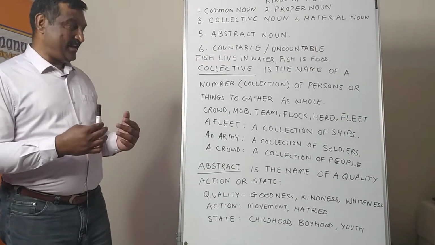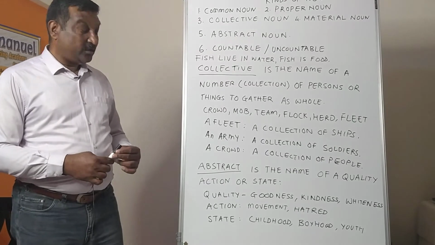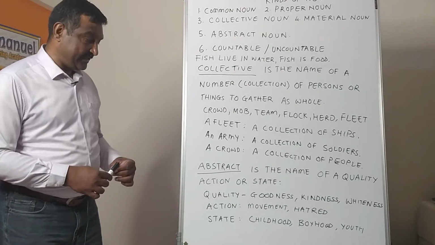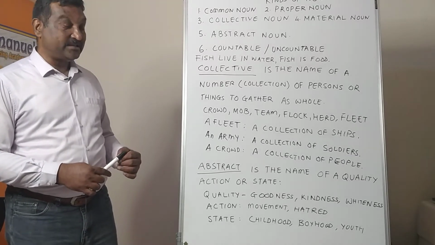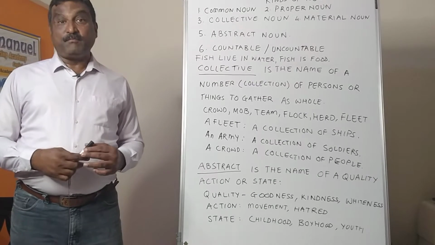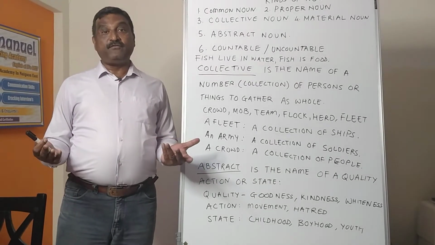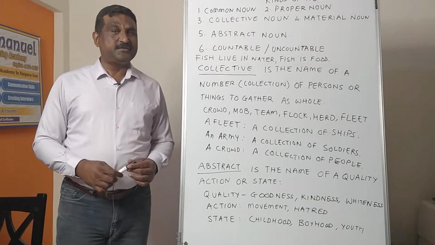The name of a quality, action or state. So what's a quality? A quality is goodness, kindness, whiteness. This is a quality. My goodness, he's such a wonderful person. This is a quality. Now don't get confused.